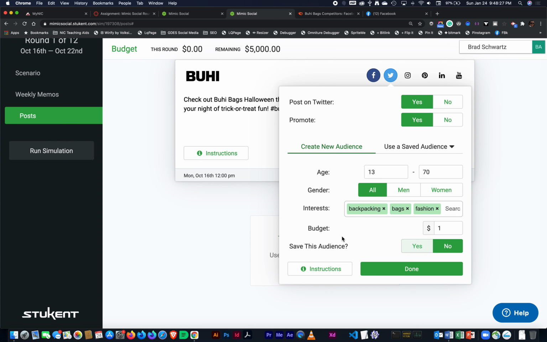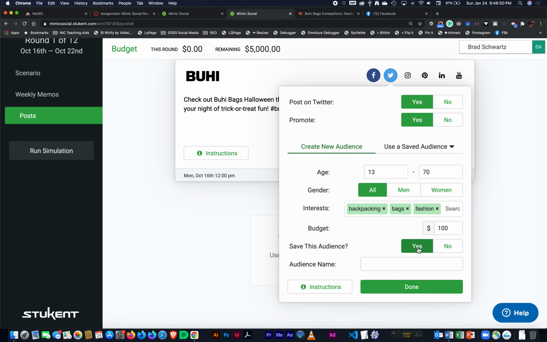I'm just looking at some things that hashtag-wise, interest-wise might be good. Remember, our audience had a higher percentage of female than male, but as we're just starting, we're going to hit both. We're going to hit a little bit younger and a little bit older demographic. And let's spend $100 here. We'll save this audience.